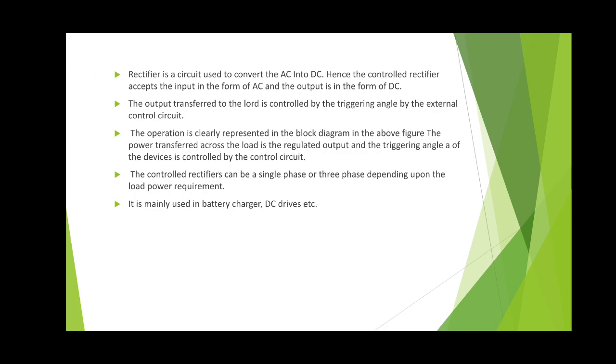And control rectifiers can be further classified as half wave controlled, which uses diodes and SCRs, and fully controlled type of rectifiers, which uses only SCRs. No diodes are used. Then another way to classify these rectifiers is half wave rectifier and full wave rectifier.